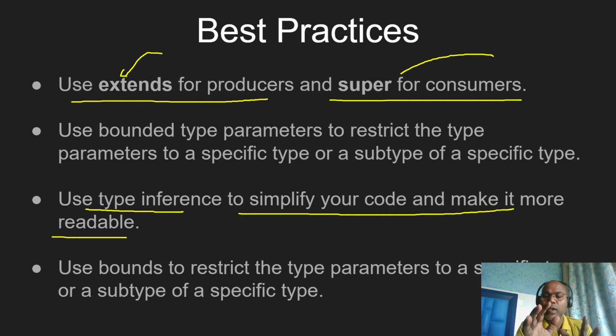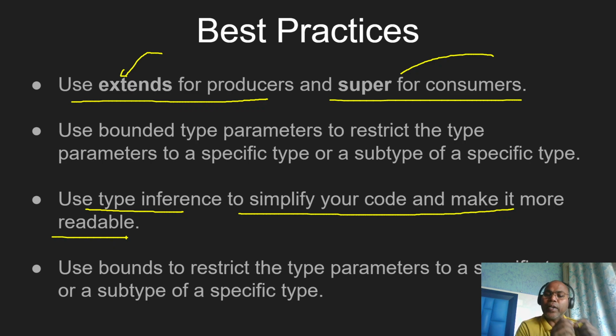Even though the Java compiler supports type inference, meaning it automatically identifies the types for your generic invocation, the best practice is not to leave it all to the compiler, because of the problem with code readability.